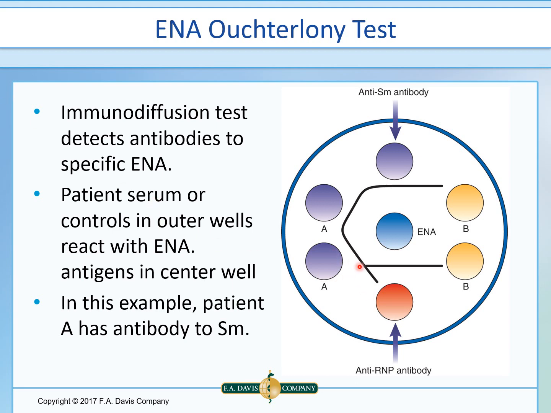Partial identity is observed at the anti-RNP positive control, as can be seen by the straight line and the intersecting line. In this example, patient A has antibody to Sm, as can be seen by the arced line.